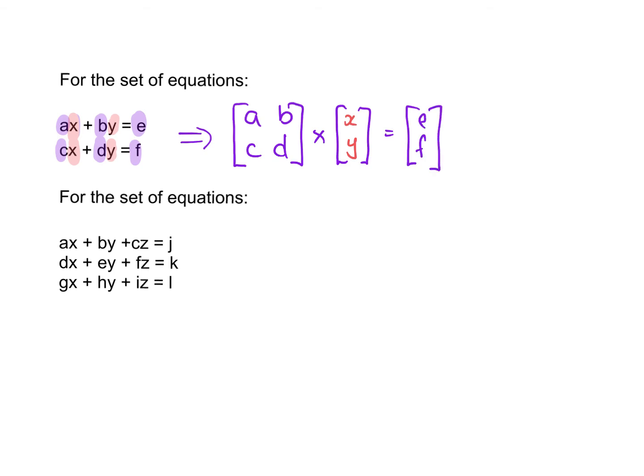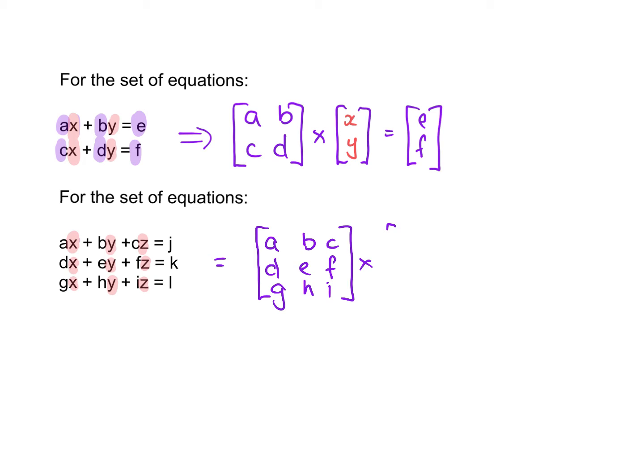Okay, now if we have one with 3 unknowns, so can you look here, we actually have x, y, and z. So they are my unknowns. And if you have 3 unknowns, you'd have 3 equations. So how do I set that one up? We just have a 3 by 3, yeah? And it will be A, B, C, all the numbers in front of the letters here.